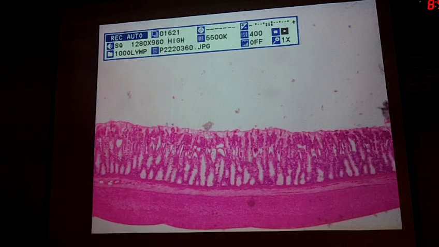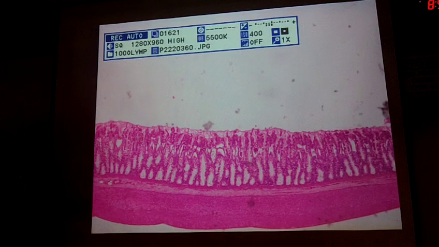Now you can see goblet cells all along the GI tract. You can see them in the esophagus, in the stomach, in the small intestine, but you see lots of them in the colon. And that always helps me to tell I'm looking at the colon.